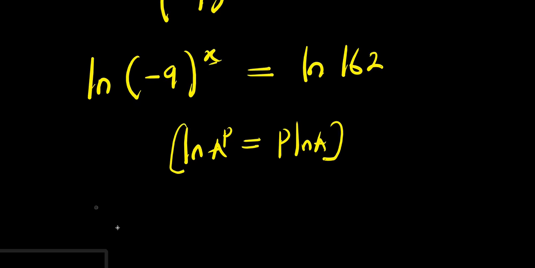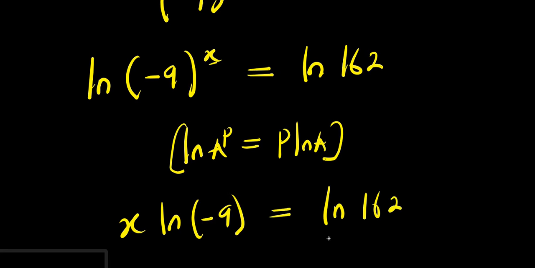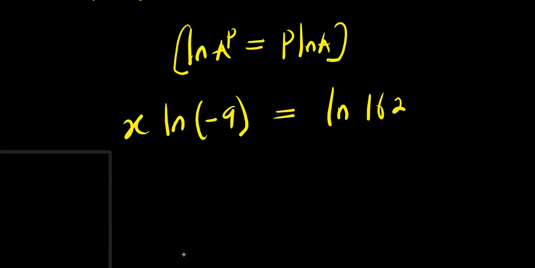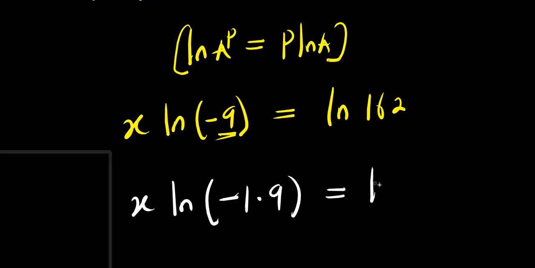So the x comes behind this, we have x times natural log negative 9 equals natural log 162. Now this is negative 9. I can easily replace it with negative 1 times 9. So I have x natural log of negative 1 times 9 equals natural log 162.